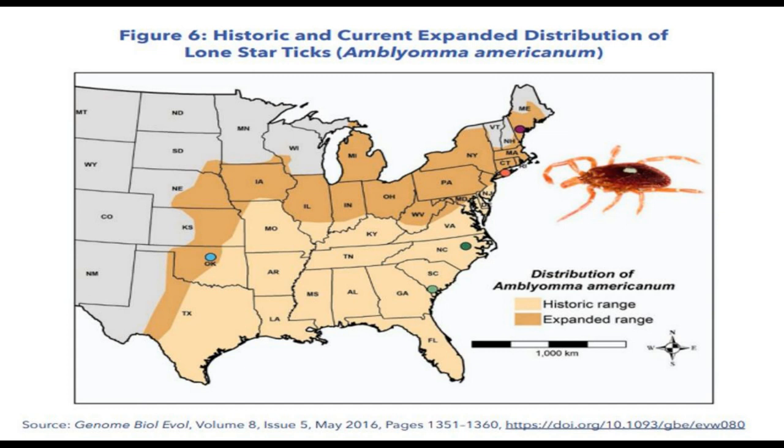Where I am from, which is New England, I'm from Massachusetts and the Rhode Island area where I work now, 10 years ago, we never saw HME because we never saw the Lone Star tick in those geographies. Now, look at the expansion. So these are emerging infectious diseases in terms of more and more cases every year and more geographies. And by the way, more and more different germs are out there.